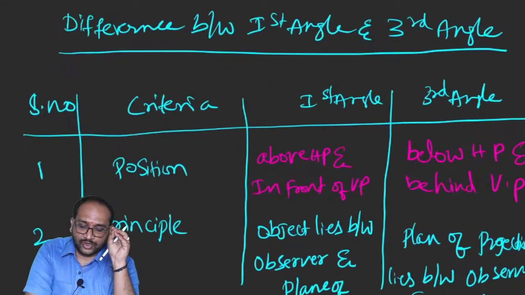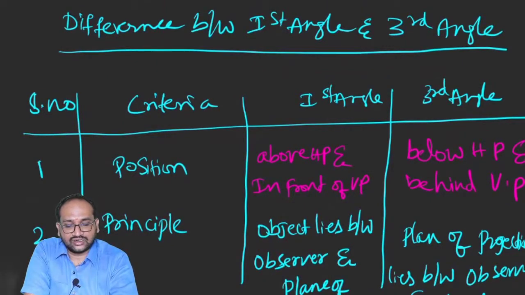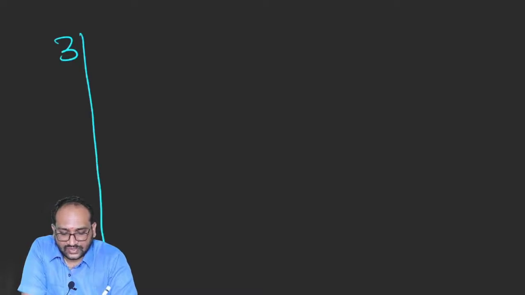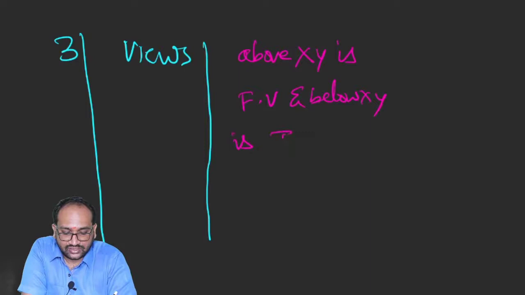So coming to the third criteria, it is views. In first angle projection, above XY is front view and below XY is top view.